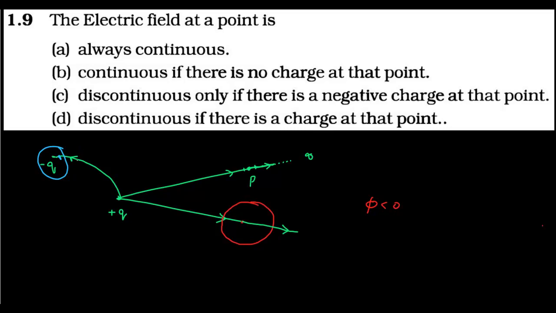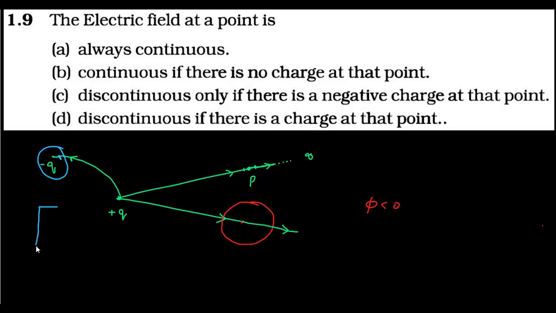As soon as we approach the negative charge, the value of the field increases tremendously, which means there is a very large change in the field, and the field lines are sinking here.